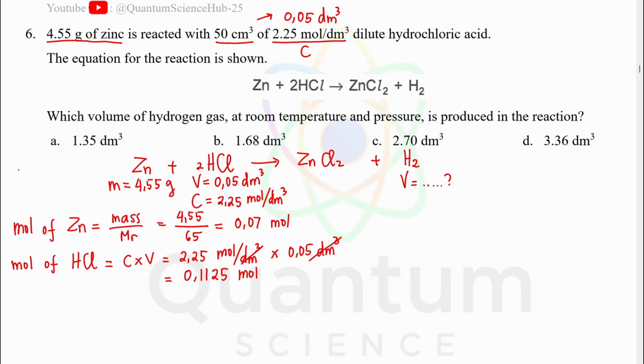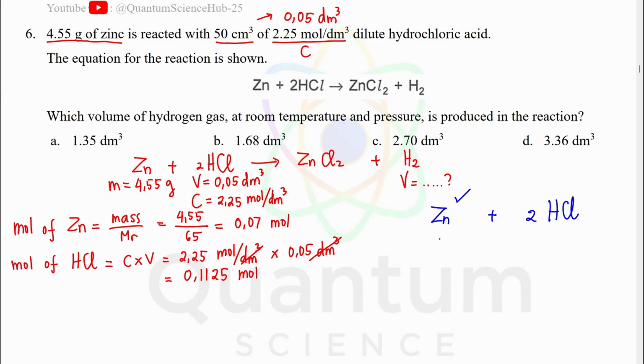So who is the limiting reactant in here? Let's find it out. Zinc and HCl, okay? In here we have 2 HCl. Now let's start with the zinc. Let's say I will take zinc as the limiting reactant. So remember, the ratio here is 1:2, okay?